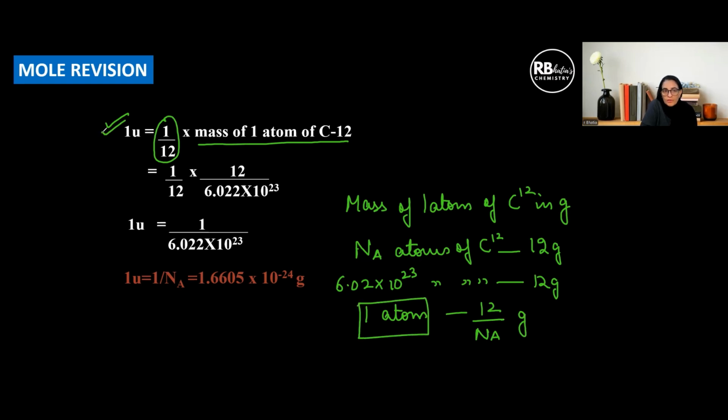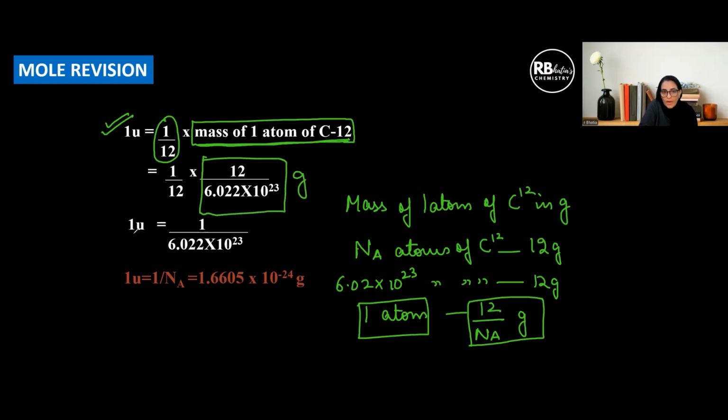So 1 U is equal to 1/12 of the mass of one atom of C12. If I substitute the mass of one atom of C12 in gram, this cancels off. 1 U comes out to be 1 upon Avogadro number gram, which on calculating comes out to be 1.6605 × 10^-24 gram.